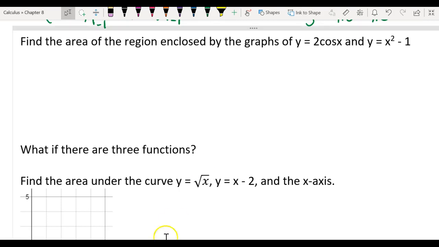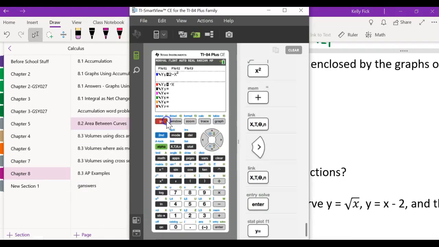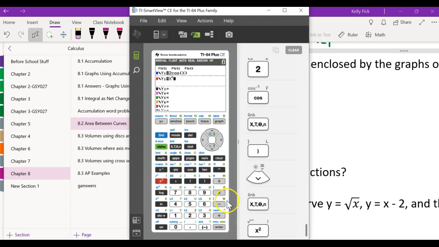So 2 cosine of x. And then what's the bottom one? X squared minus 1.